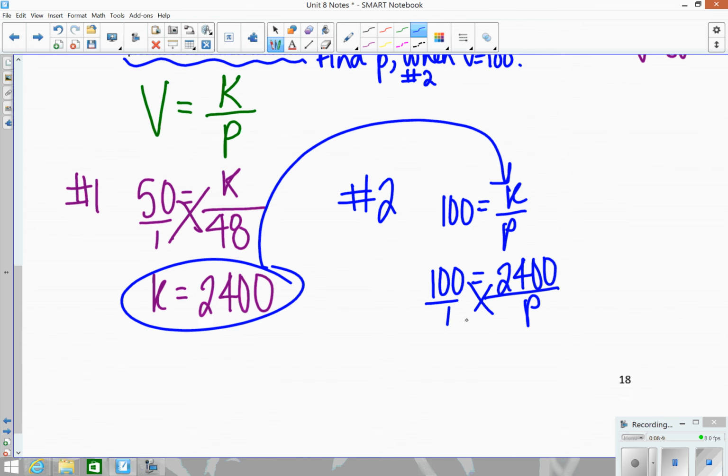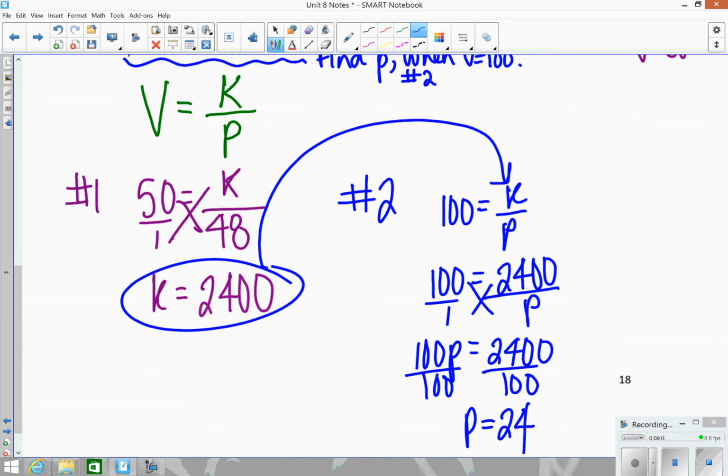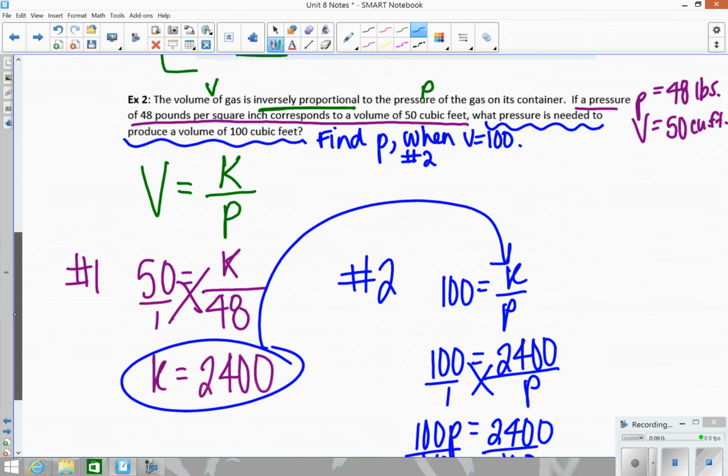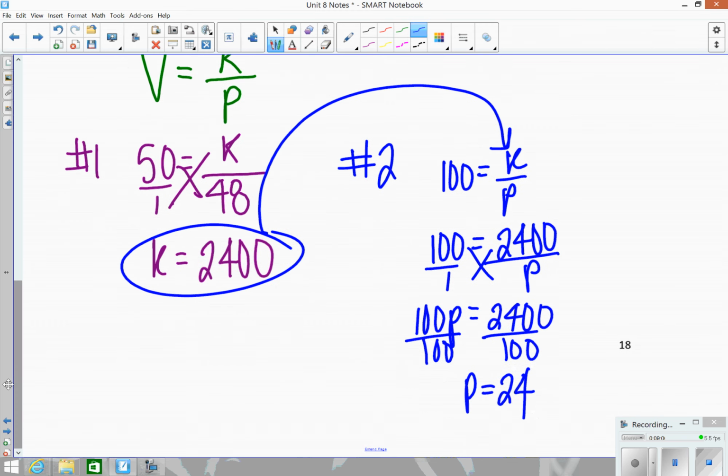The easiest way is to cross multiply because you have a fraction equal to a fraction. So we have 100P equals 2,400. Divide everything by 100, so we get P equals 24. The units for this are 24 pounds.